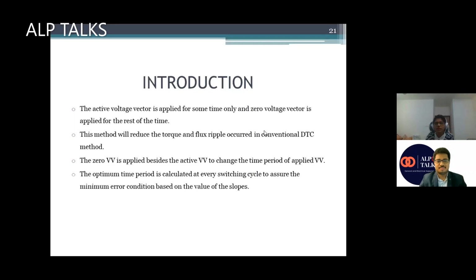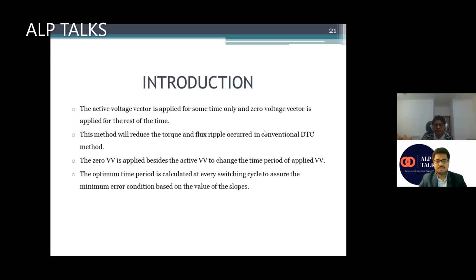So in this method, as in classical DTC, we have seen that the active voltage vector and the zero voltage vector are continuously applied to our inverter. But in this method, we are not applying it continuously. Rather, we apply an active voltage vector for some time and the zero voltage vector for the rest of the time period in one sampling period.